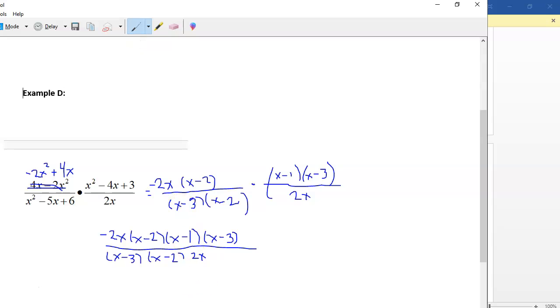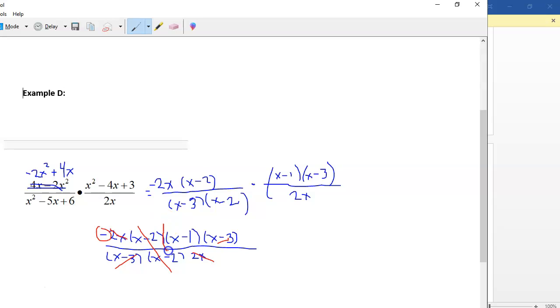Okay, now that I've smushed everything together, I can go ahead and simplify. I simplify by canceling common factors. So these x minus 2's go away. The x minus 3 from top to bottom goes away. I can cancel out the 2x, okay? Now, what I'm left with, and I gotta be careful here, I'm left with this negative.